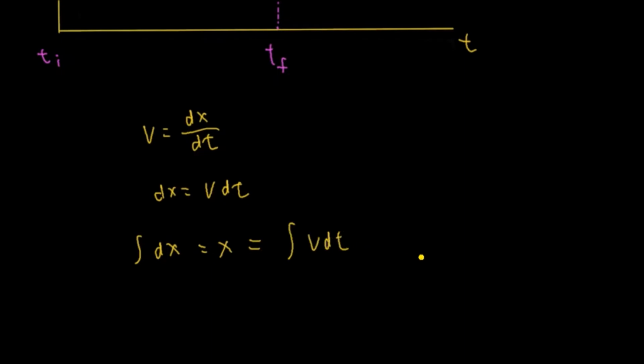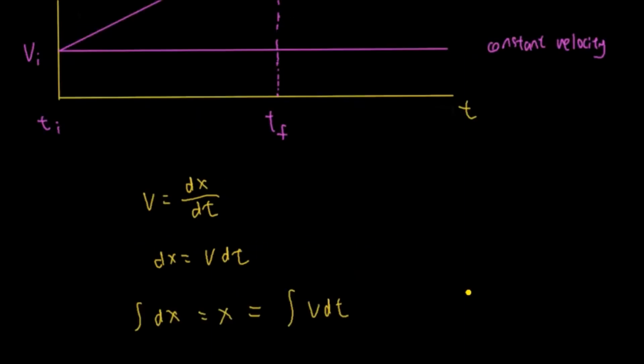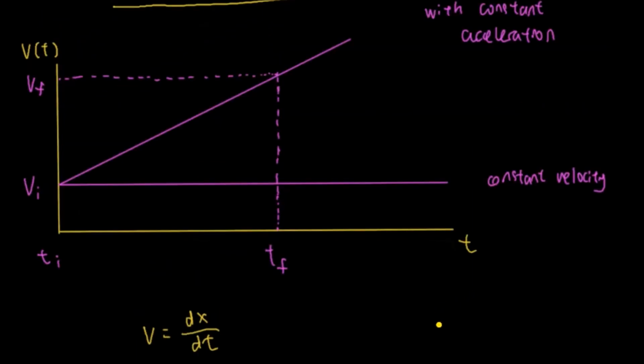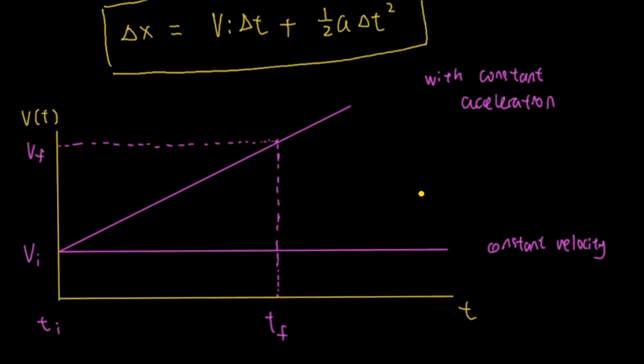You're integrating v. Also think about this: what would you get if you integrate this graph? You're integrating the v function here, so you get the area under the curve. If you have a constant velocity, you only have this area here.